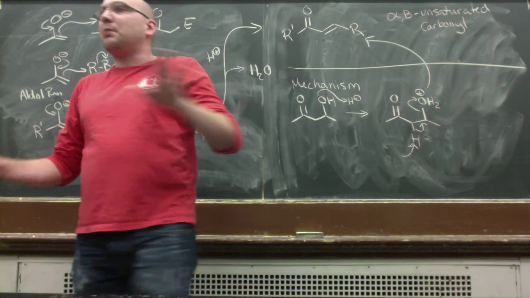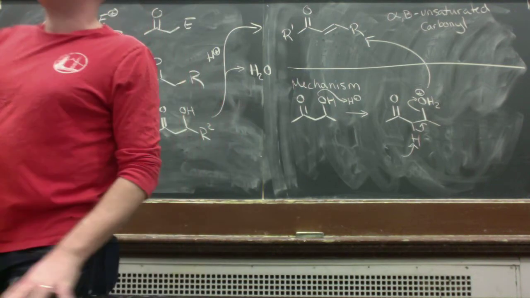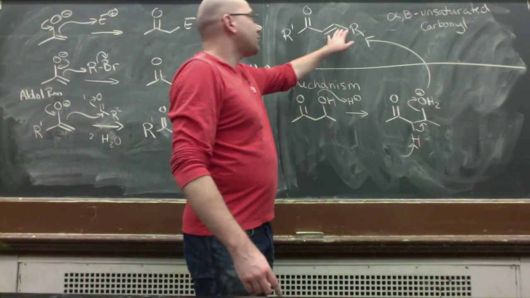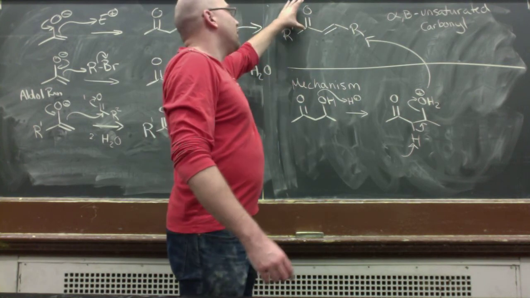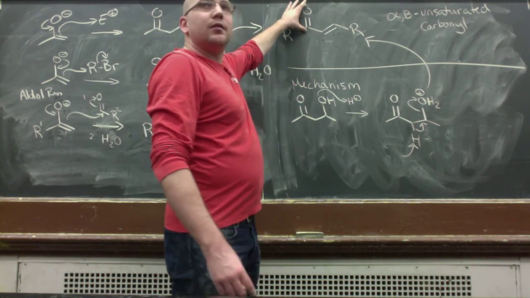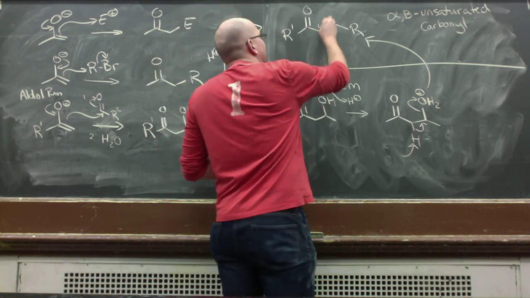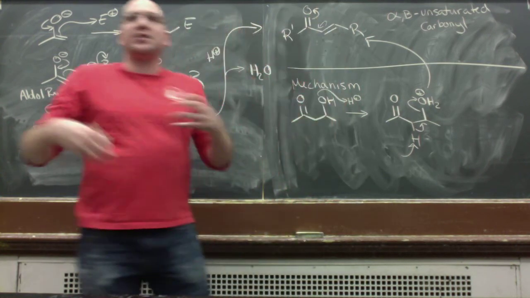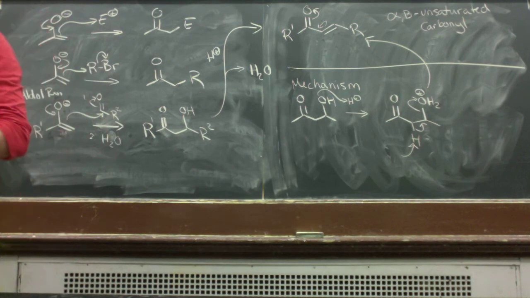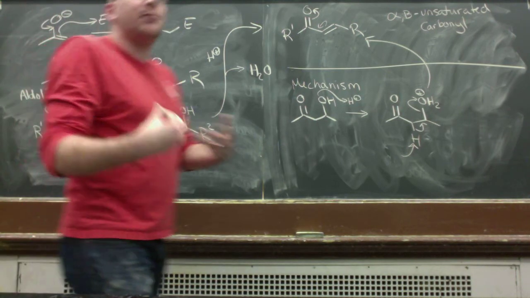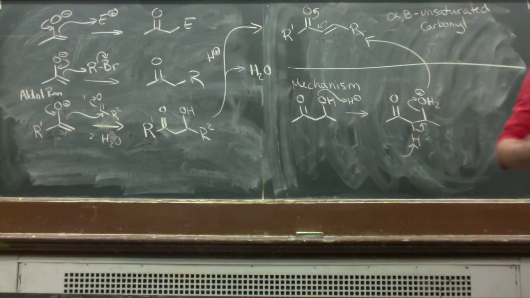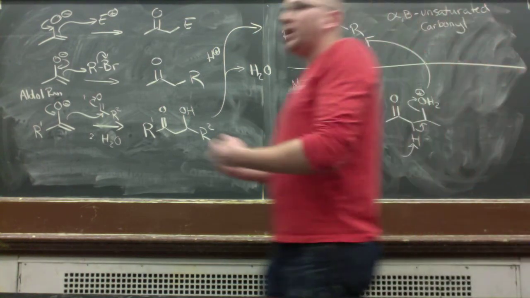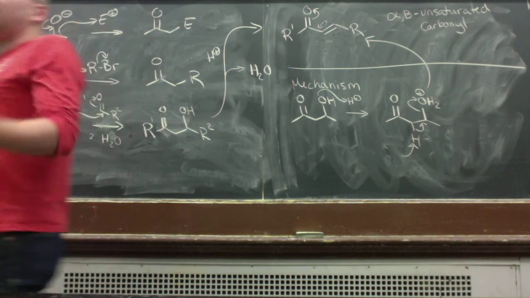Oftentimes, and this will come up specifically when we refer to Diels-Alder chemistry in a few weeks. This, again, if you think about the resonance form here, you can imagine several additional resonance forms. But the way that I like to think about conjugation as being a stabilizing force is that you effectively take the electrons in that pi cloud and allow them to delocalize between twice as many atoms, right?